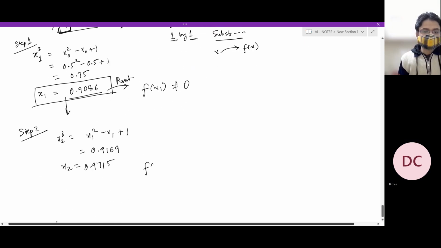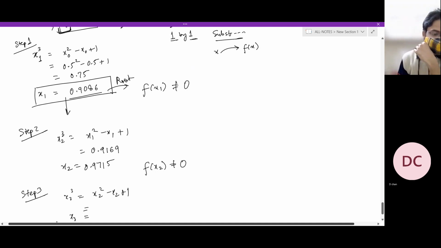Now again, you'll substitute this value in f of x, and you'll find that it is not equal to 0. So we are still away from the root, and we need an additional step right here. We write the same thing: x2 squared minus x2 plus 1. And this gives x3. Can you tell me what the value is right here?